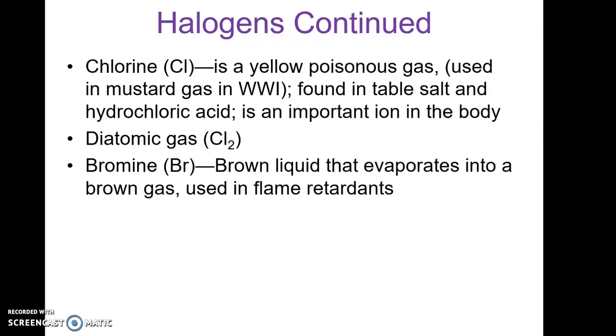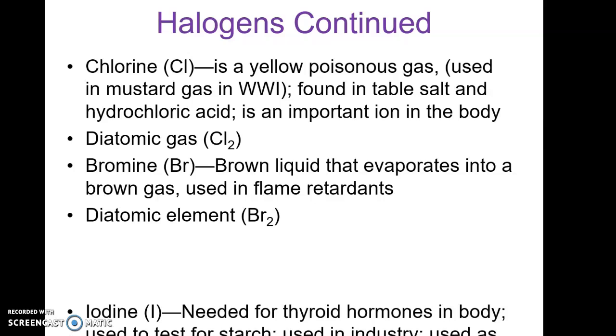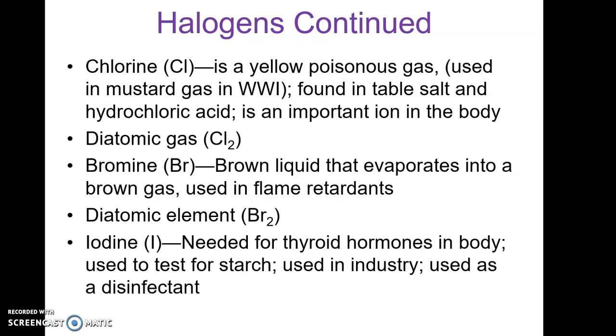Bromine is a brown liquid that evaporates into a brown gas, and you can find it used in flame retardants to make things fireproof. It is also a diatomic element. It forms Br2. Iodine, you need iodine in your body for your thyroid to function, for your thyroid hormones.